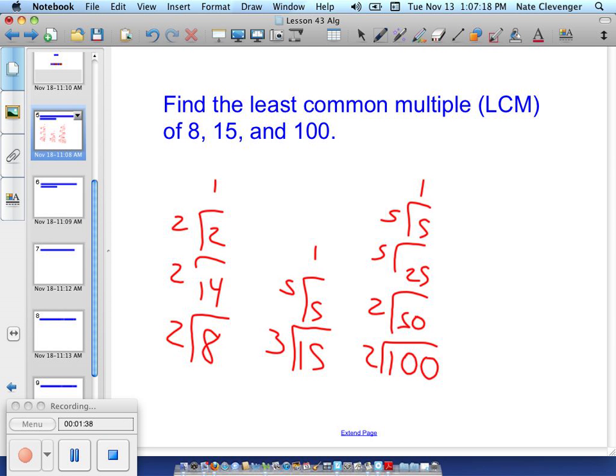What do I mean by that? Locate where 2 shows up the most times. Where does 2 show up the most times in any one of our 3 numbers? Yeah, under 8. There's 3 of them. Now locate where 3 shows up the most. Second one. Locate where 5 shows up the most. And do I have any other primes in that list, like 7, 11, 13?